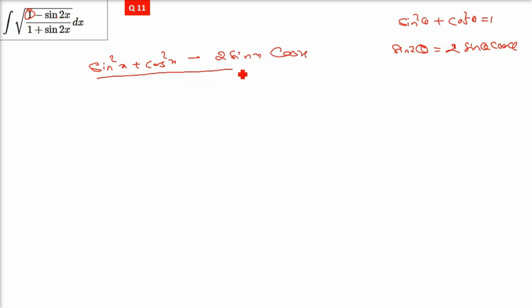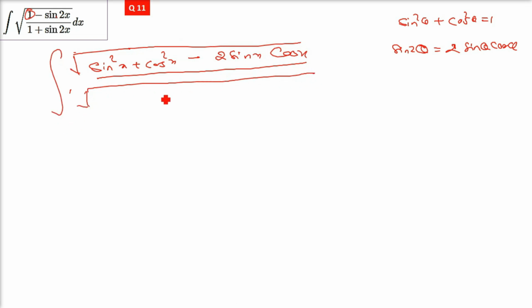In the denominator, again, 1 is sin square theta plus cos square theta. I am just taking the root and separating this root because I want to show you that something square will come and we can cancel this root and square just now. 1 again will be replaced by sin square x plus cos square x. How about sin 2x? Sin 2x is 2 sin theta cos theta, so I am writing 2 sin theta and cos theta here. But what is the formula?